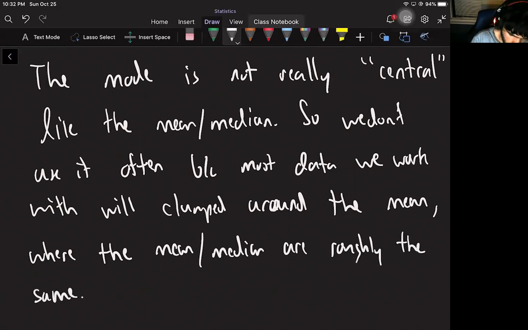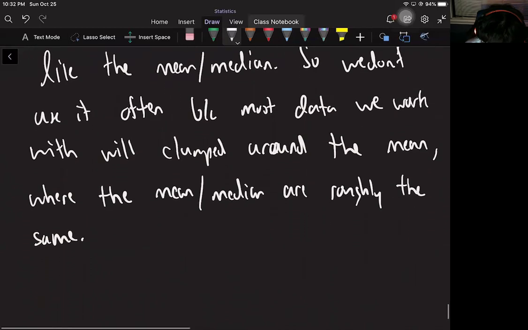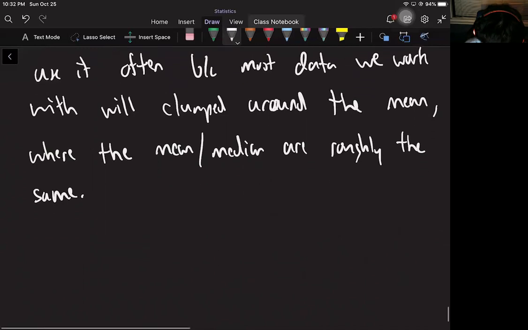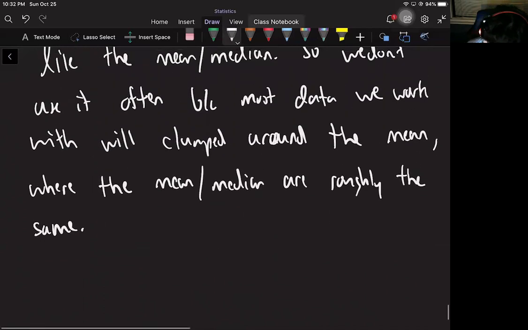So there's just a little side note that we're not really going to touch on the mode much because it's not really measuring centralness. It is representing typicalness, but it's not really a middle-ish type thing, which is what we're really going for when we say the title of the section, measures of central tendency.